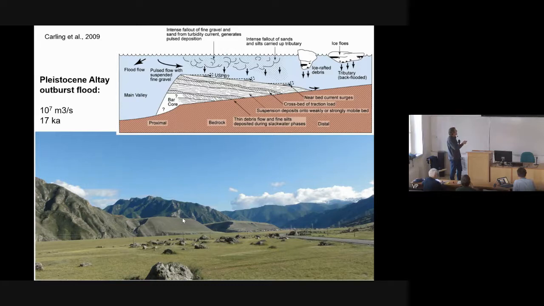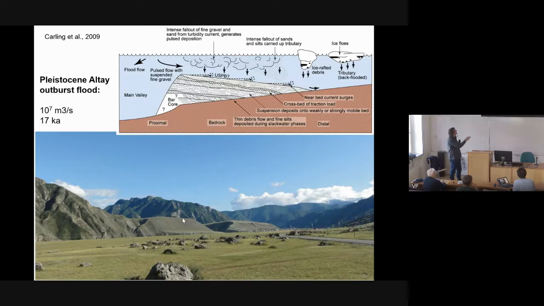You see this bar here. This is gravel deposited under suspension conditions. So all this valley was filled with water only a few thousand years ago. And in the areas of low energy, you had the deposits of these lateral bars that are now dissected by a tributary that drains to the main river going here.